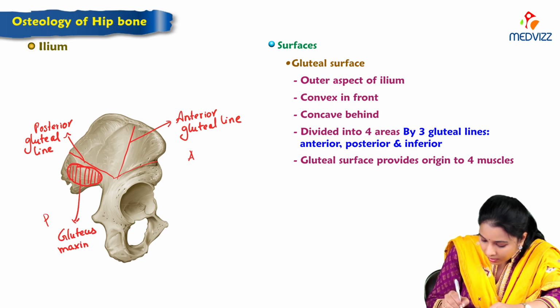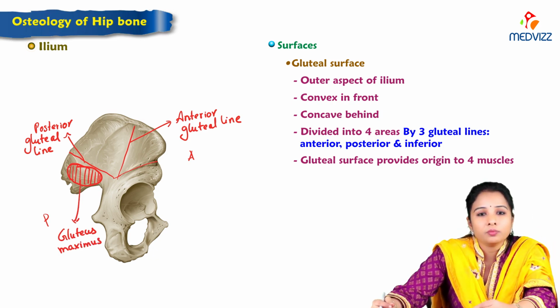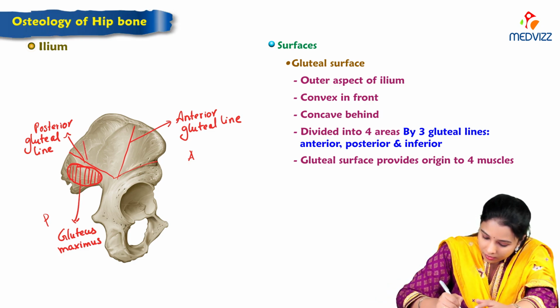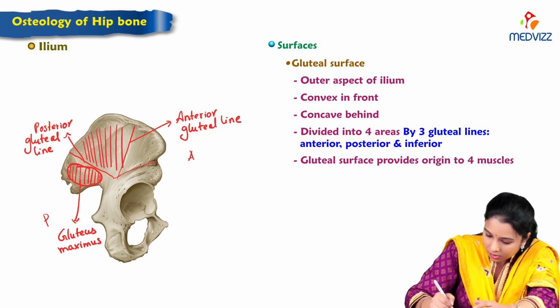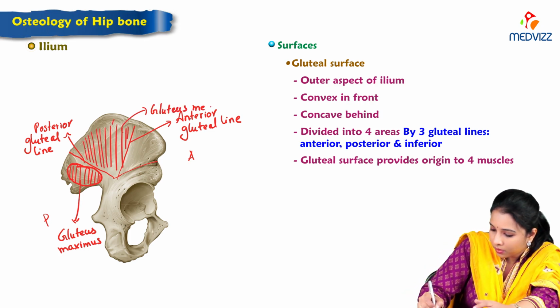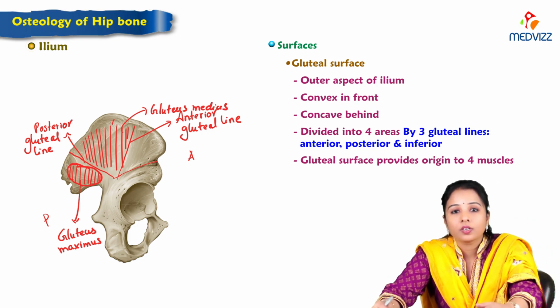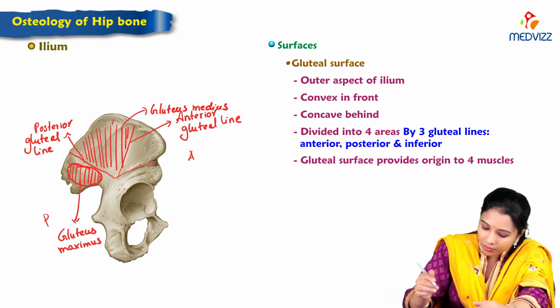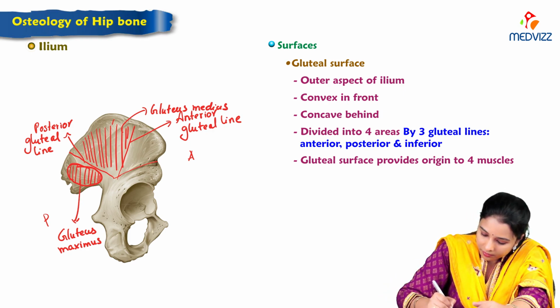Then gluteus medius is between the anterior and posterior gluteal lines. Then the gluteus minimus is between the anterior and inferior gluteal lines. So this part.